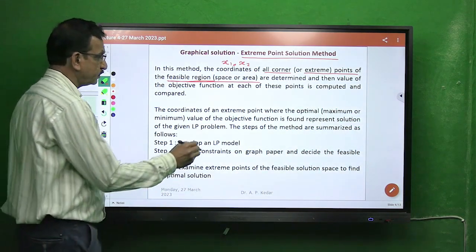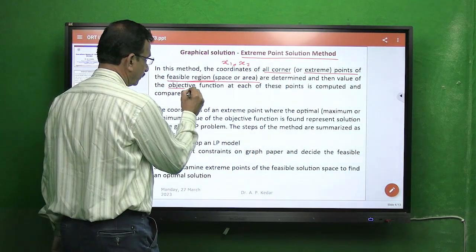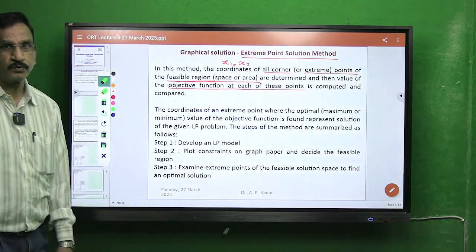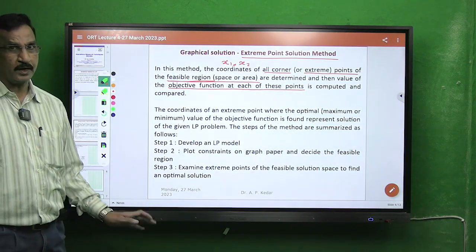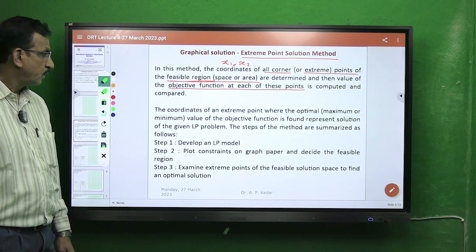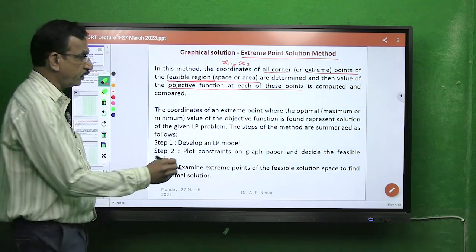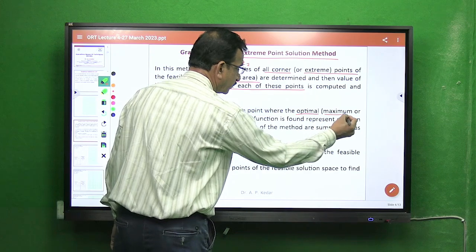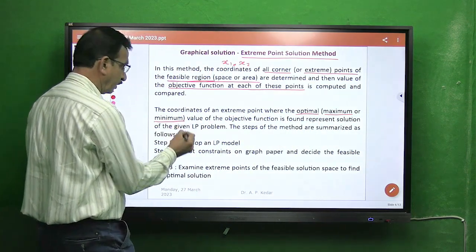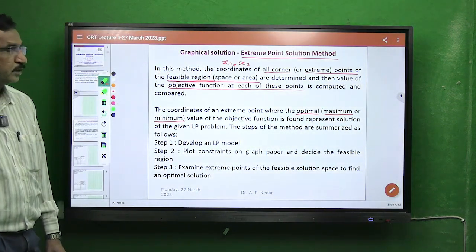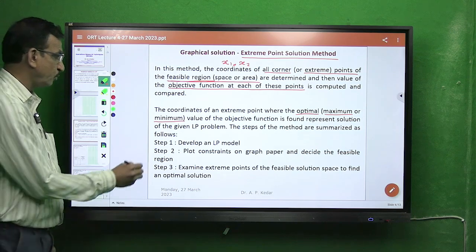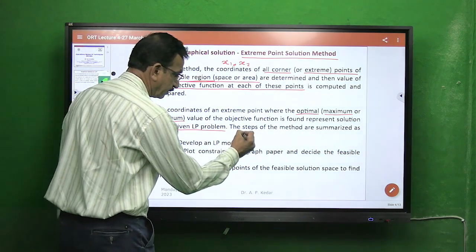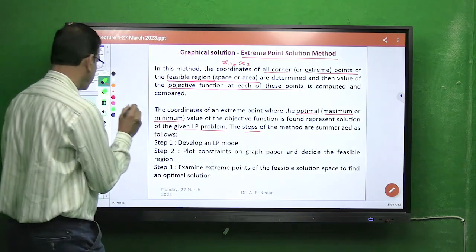Once we get the feasible region, we will be evaluating the value of objective function for each of the identified points. The coordinates of an extreme point where the optimal, maximum or minimum, value of the objective function is found represents the solution of the LP problem. Various steps are given over here.